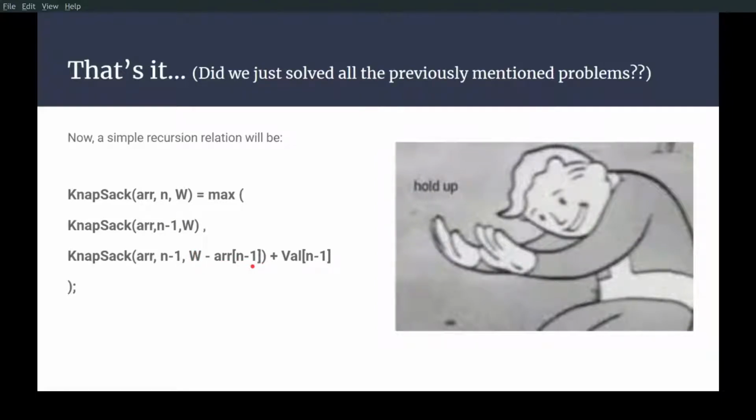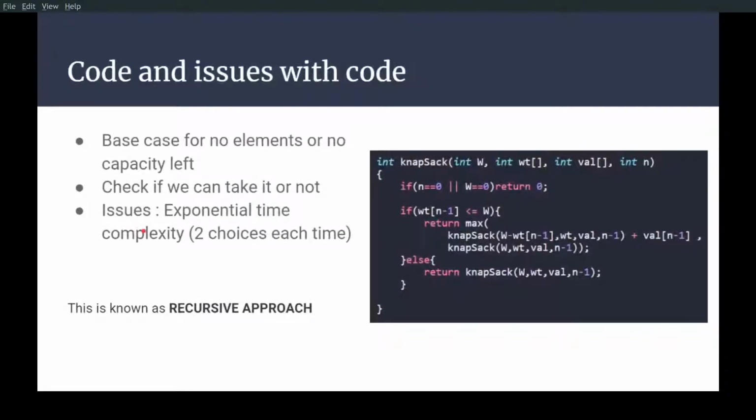Since I have already taken an element, my next possible weight will decrease, and that value will also be added. Whatever I have taken, I have to add that value to my answer. So you have these two options and you just have to pick the maximum of these two. This is actually the code of it.